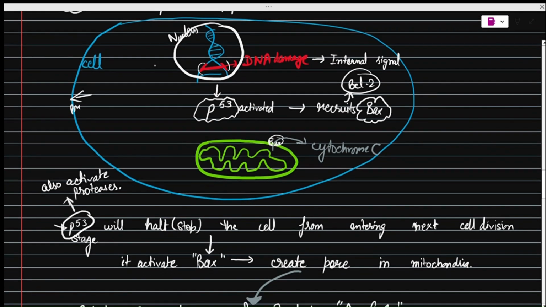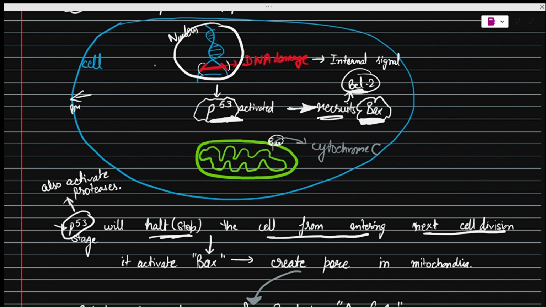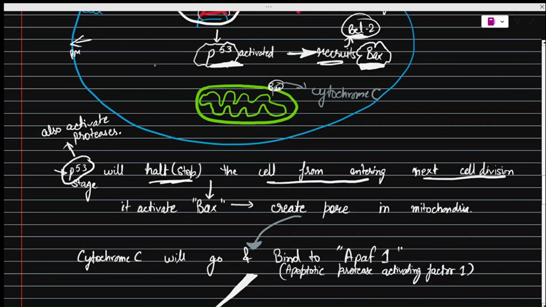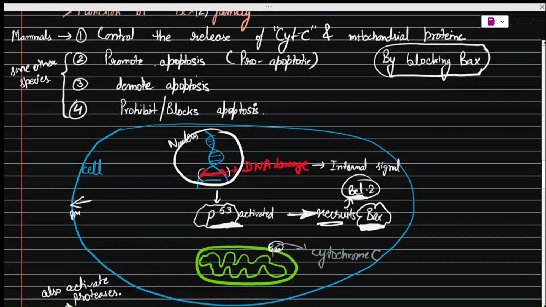Due to the damage of DNA, p53 protein is activated, and this p53 protein recruits the BCL2 family and also affects BAX. Apart from this, p53 will halt the cell from entering the next cell division stage so that wrong information will not be transcribed and translated. So that's it, right?